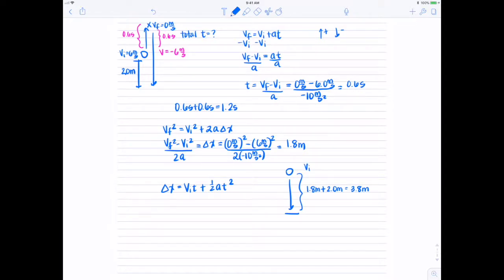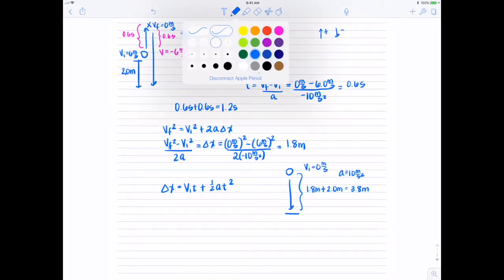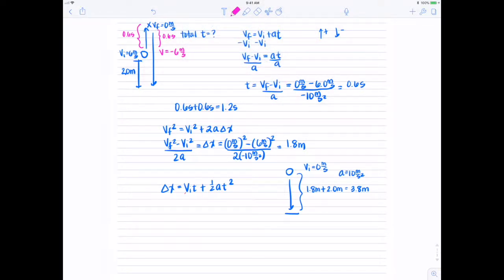V_i is 0, a is negative 10 meters per second squared, then I can solve for my time. So let's solve for t. We know that V_i is 0, so this term cancels out.